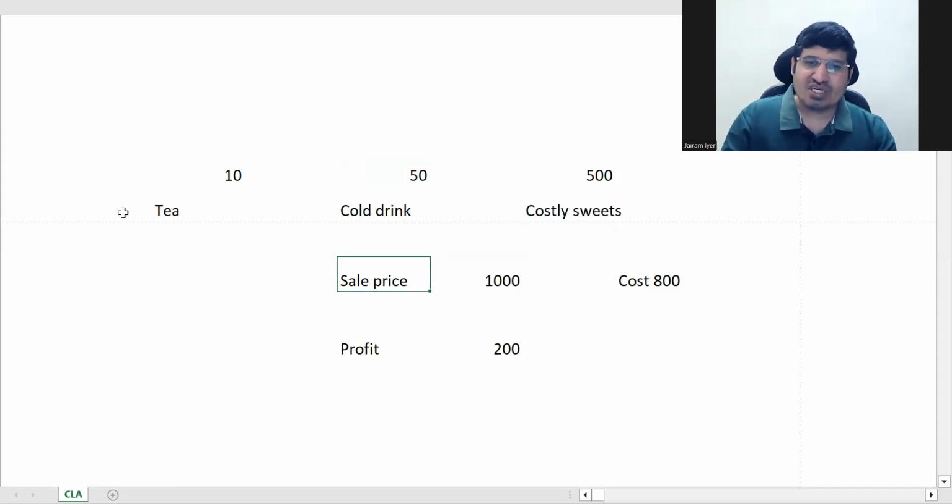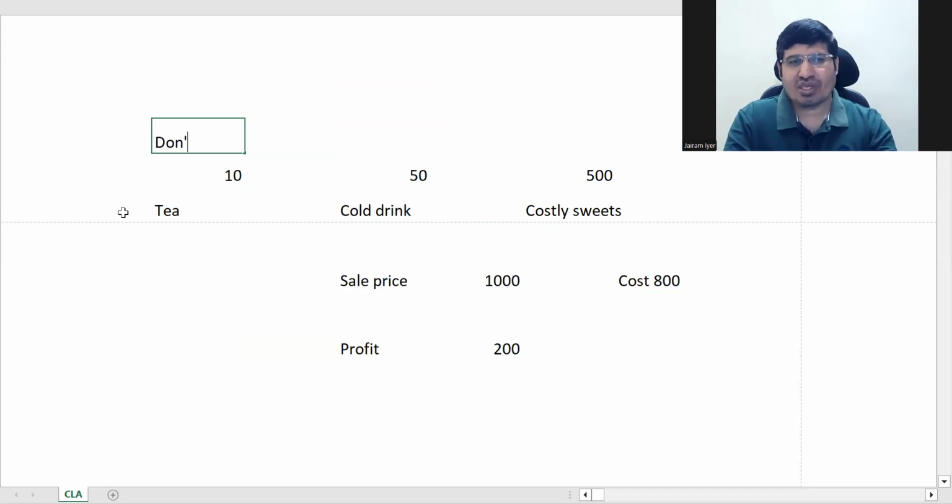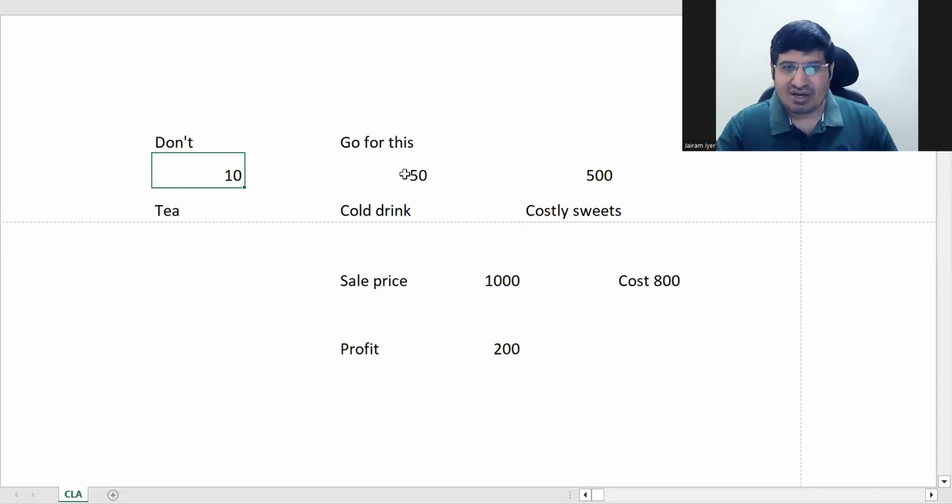Okay, so here, if you give him 10 rupees tea, your cost is under 800. If you give him a 50 rupees cold drink, still it is under 800, and you feel that he will like the cold drink more. So at that time you can take a decision: don't give him tea, go for this cold drink, because it is still under your cost target.